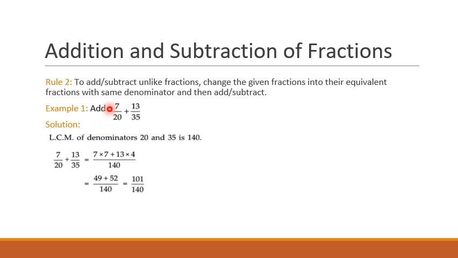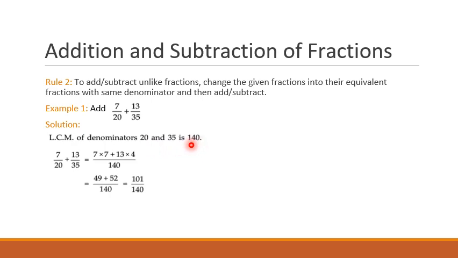Add 7 by 20 and 13 by 35. Here they are unlike fractions, that means the denominators are different. So we have to make the same denominator. For this I have to find the LCM of 20 and 35. When you find the LCM of 20 and 35, you will get 140.